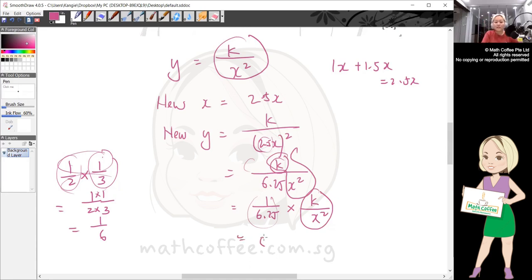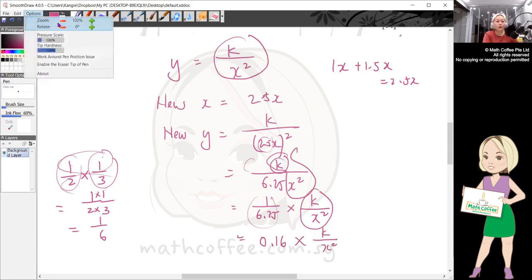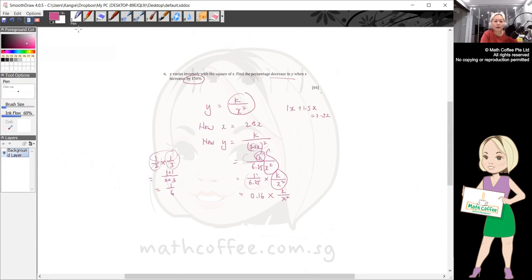And it actually gives me 0.16 times k over x squared. So you go back to the question and see what they want. They ask what is the percentage decrease in y. Originally, it was k over x squared. Now it becomes 0.16 times k over x squared.